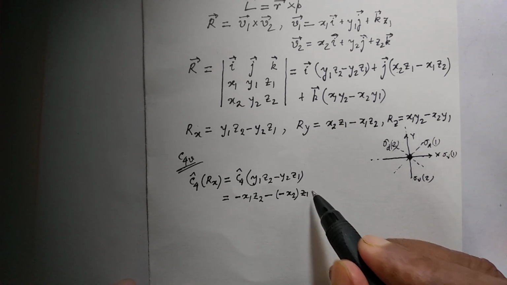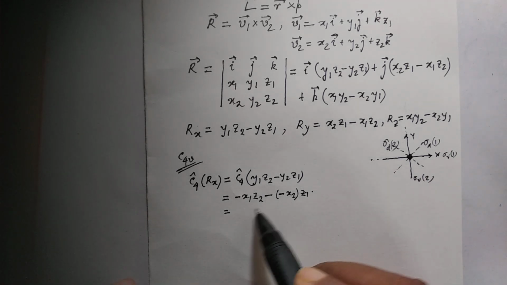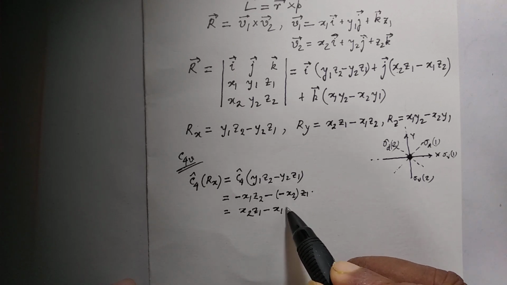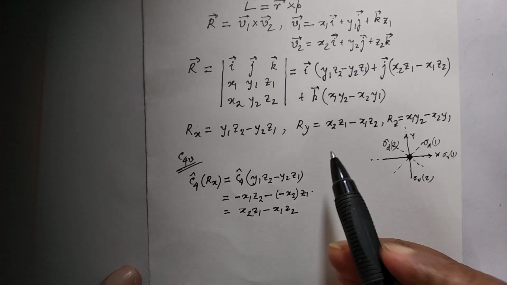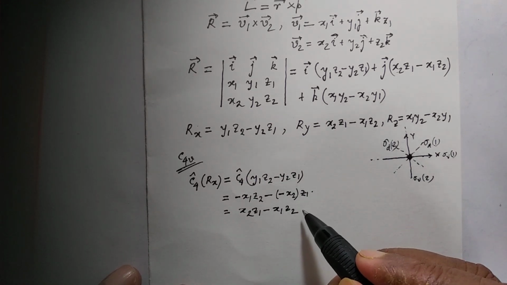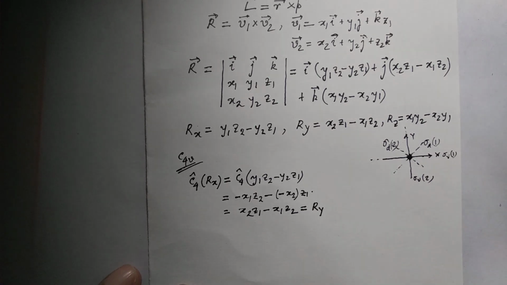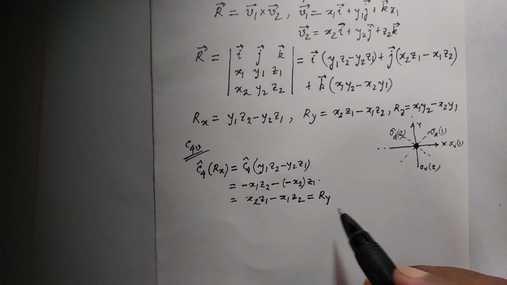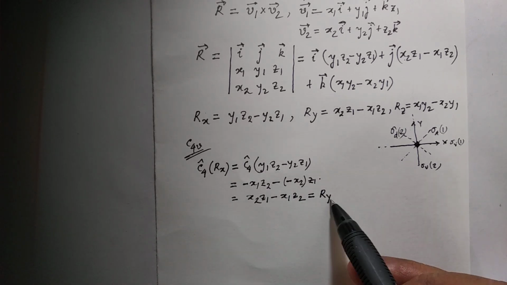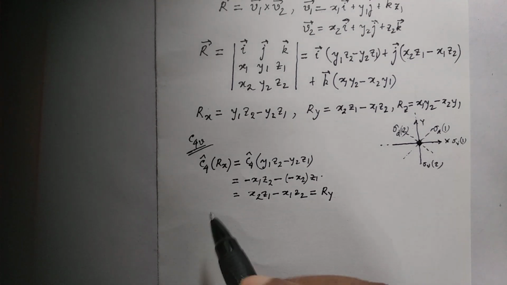The result is x2 z1 minus x1 z2, which is Ry. So from Rx we get Ry. Thus Rx and Ry are symmetry partners under the action of C4.